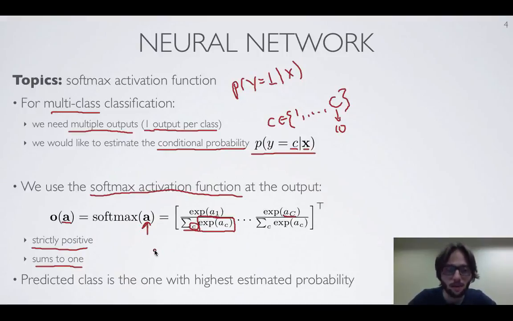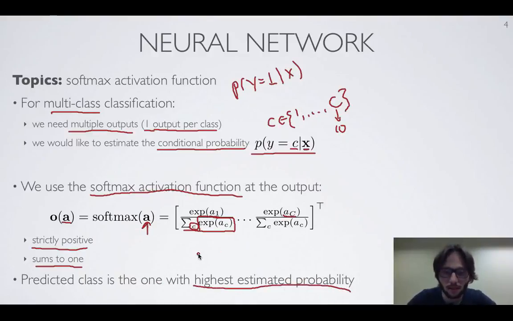So we have a valid probability distribution, because the probabilities are positive and sum to 1. Then if we get an input X and want to assign it to a particular class, the natural thing to do is to use the class with the highest estimated probability.